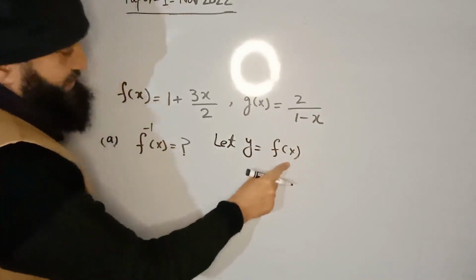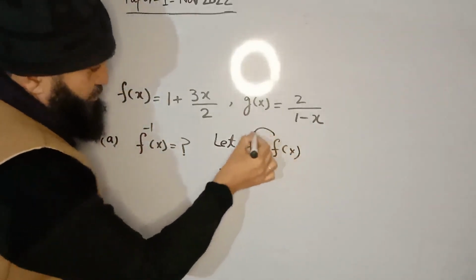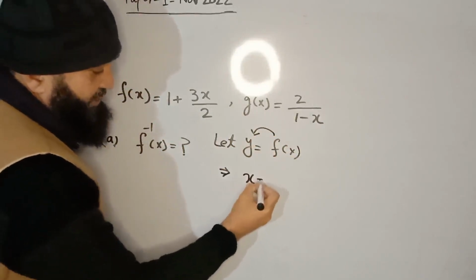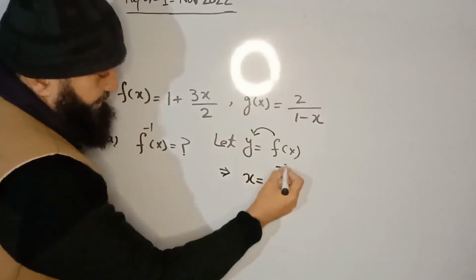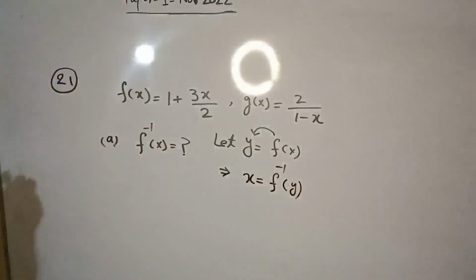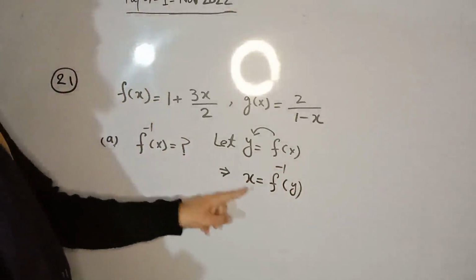Then we make x the subject of the formula. So if we shift f to this side, this will become f inverse. This implies that x is equal to f inverse of y.